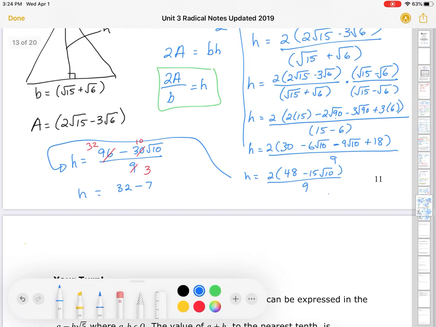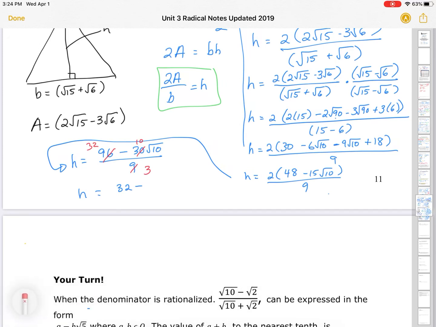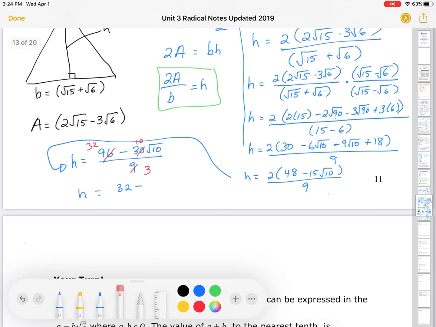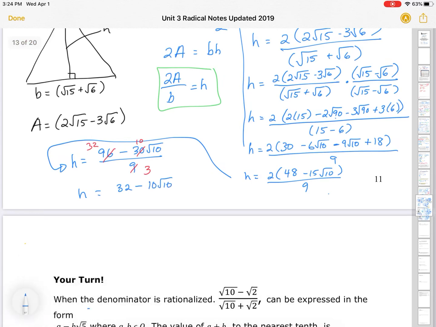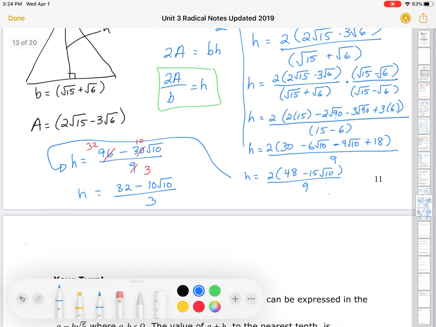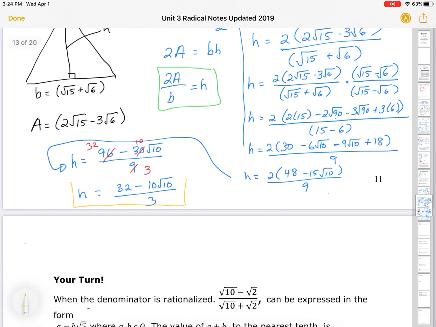So for my final answer, it's 32 minus 10 root 10 all over 3. Ugh. And that is our height.